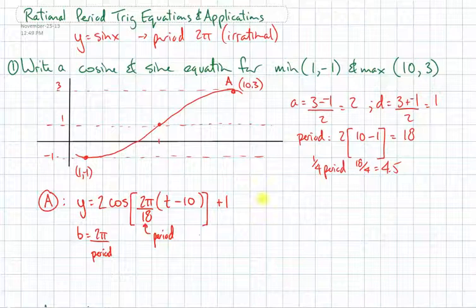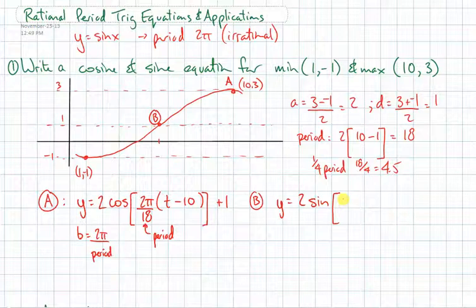All right. If I were going to write a sine equation, I would use point B, the mean rising value. So for this, I'm going to write sine. The amplitude is unchanged. The period is unchanged. The phase shift differs. Vertical displacement is the same. The phase shift is based on, I noticed I used t here for time.